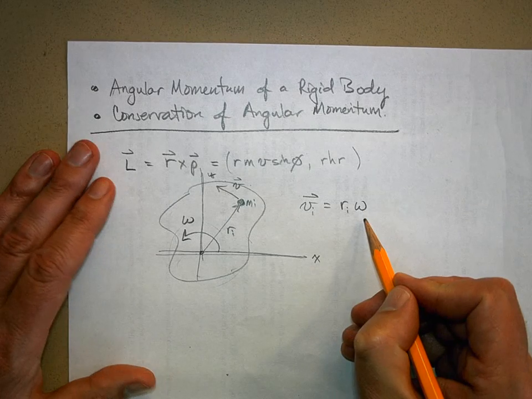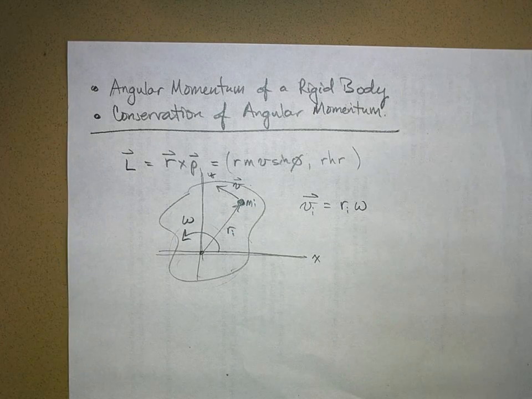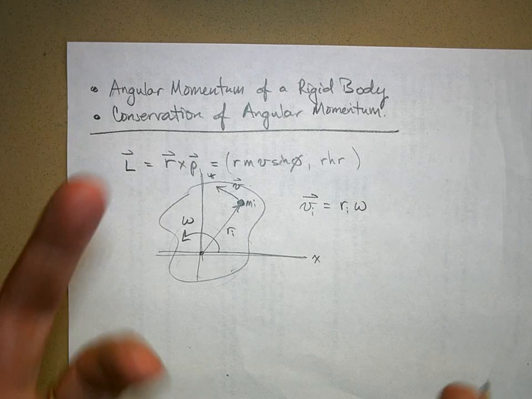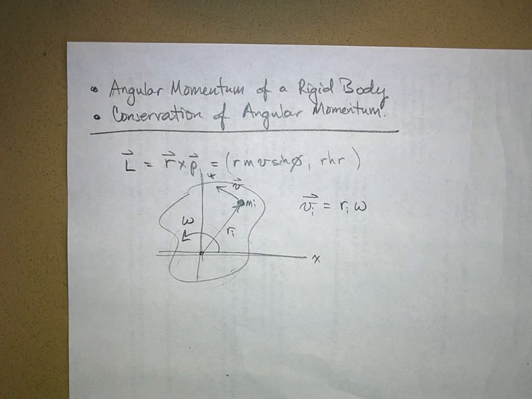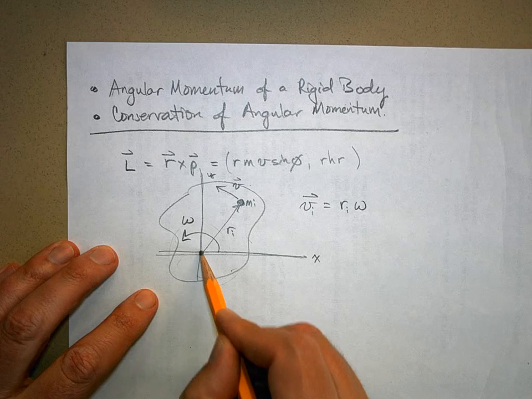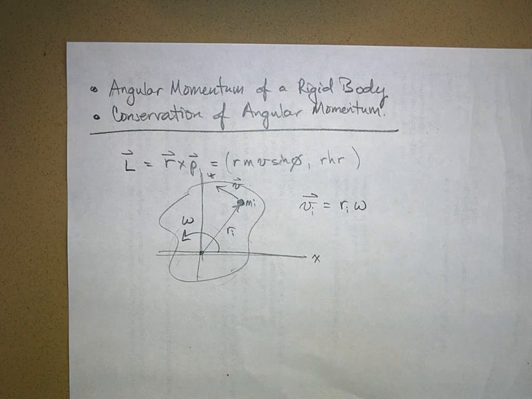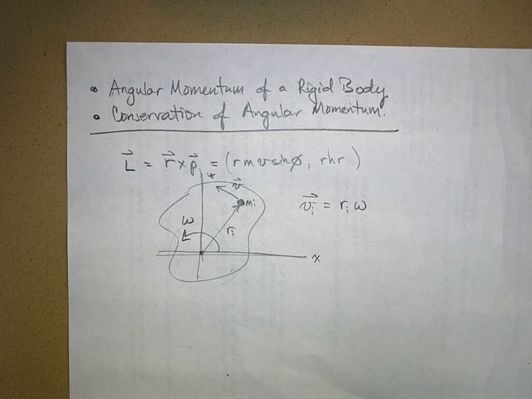Now notice I don't put an i next to the omega. Because if this is a rigid body rotating with an angular velocity of omega, everything on the object, except the point at the axis of rotation itself, is rotating with an angular velocity of omega. Omega is constant for everything.